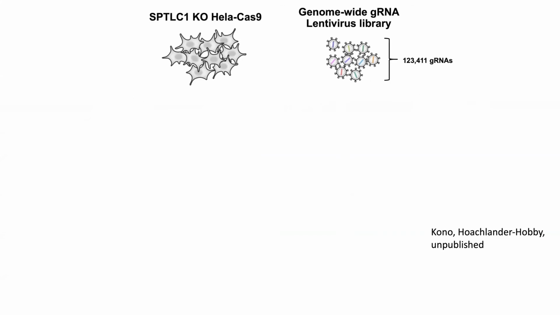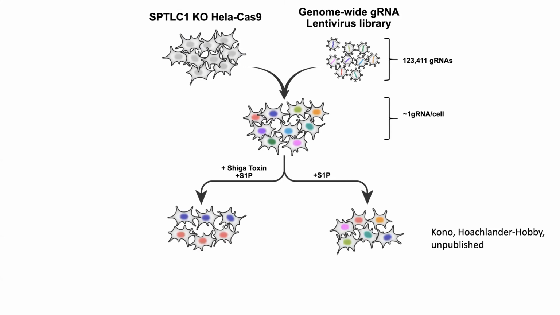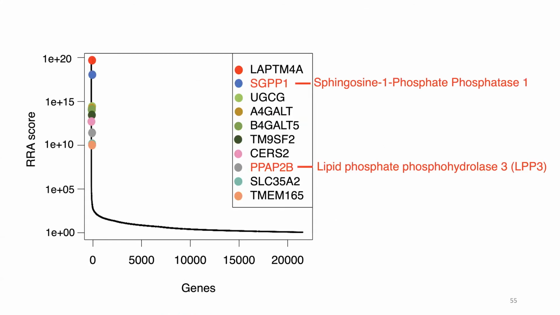So the scheme for the screen is shown here, very similar to what we did before, only this time after infection of the cells with the lentivirus library that carries the guide RNAs, we divided the cells into two parts. One part only got S1P, and the other part received S1P plus Shiga toxin, with the idea that now the Shiga toxin will kill off any cells that produce GB3, and then deep sequencing to identify the genes.